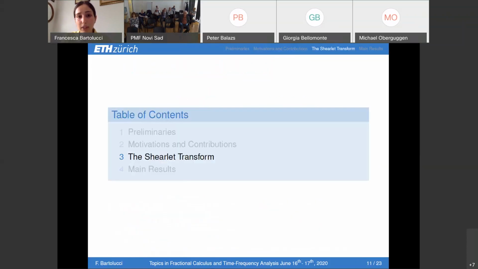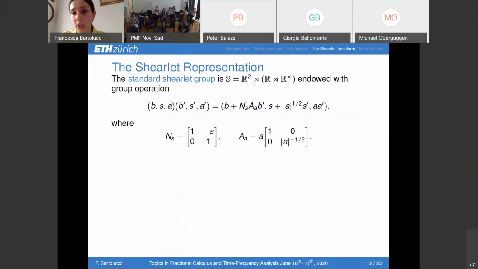So I briefly recall the definition of the shearlet transform, which is the voice transform associated to the shearlet group. The shearlet group is the semi-direct product of R2 with the semi-direct product of R with R times, which is R minus zero, endowed with the following group operation, where here this matrix is the so-called shearing matrix, and here we have an anisotropic dilation matrix.